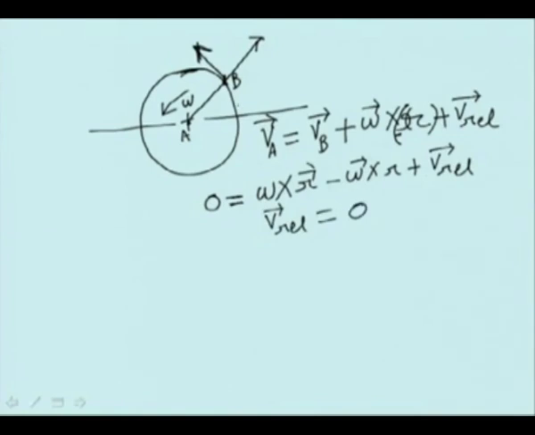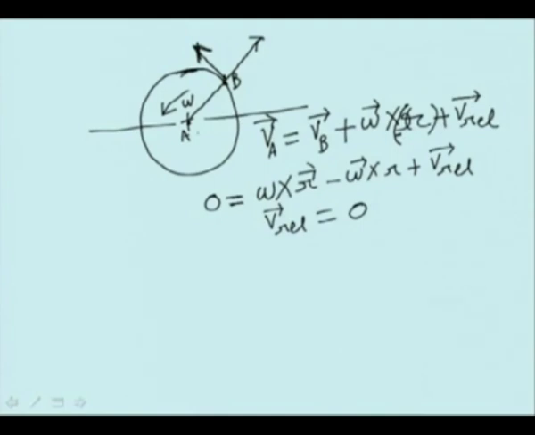That means, if a particle is placed at B and an axis system is attached with that particle, the particle will observe that the center is at the same position, and therefore, you are getting VL equal to 0.